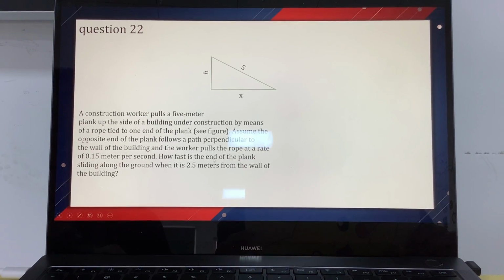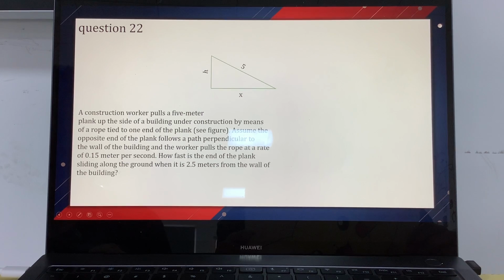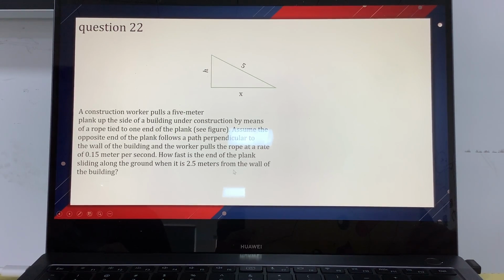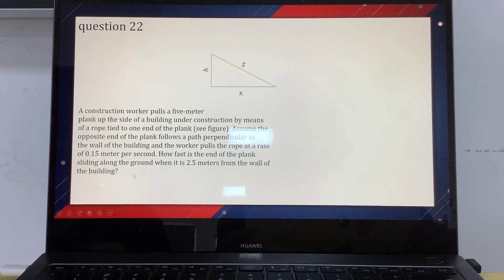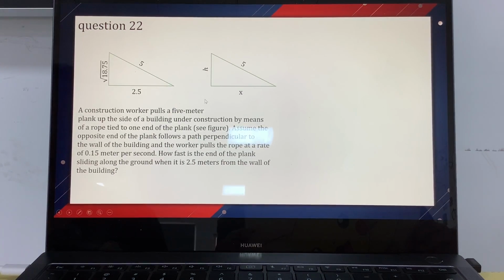How fast is the end of the plank sliding along the ground when it is 2.5 meters from the wall of the building? This question is similar to one of the example questions, which means we need to draw pictures.